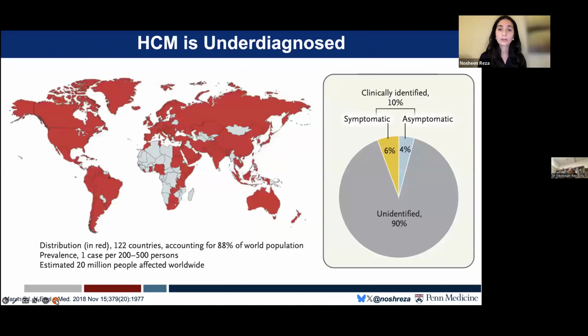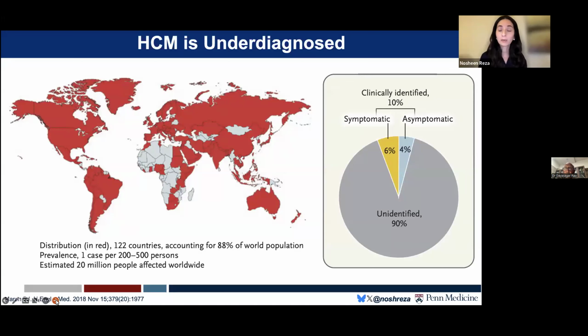We also know that hypertrophic cardiomyopathy is underdiagnosed worldwide. Here I'm showing you a global map of our estimated prevalence of hypertrophic cardiomyopathy. We have epidemiologic estimates for over 122 countries, accounting for 88% of the world's population.